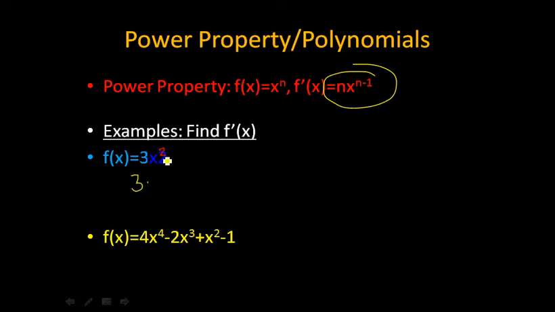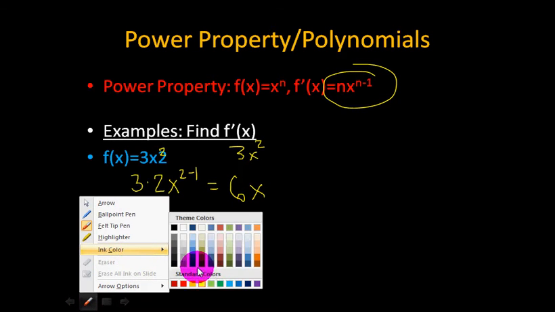So n is the 2, so we do 3 times 2, x to the 2 minus 1. So that equals 6x, and then 2 minus 1 is 1, so we just leave that blank there. So the derivative of 3x squared equals 6x.